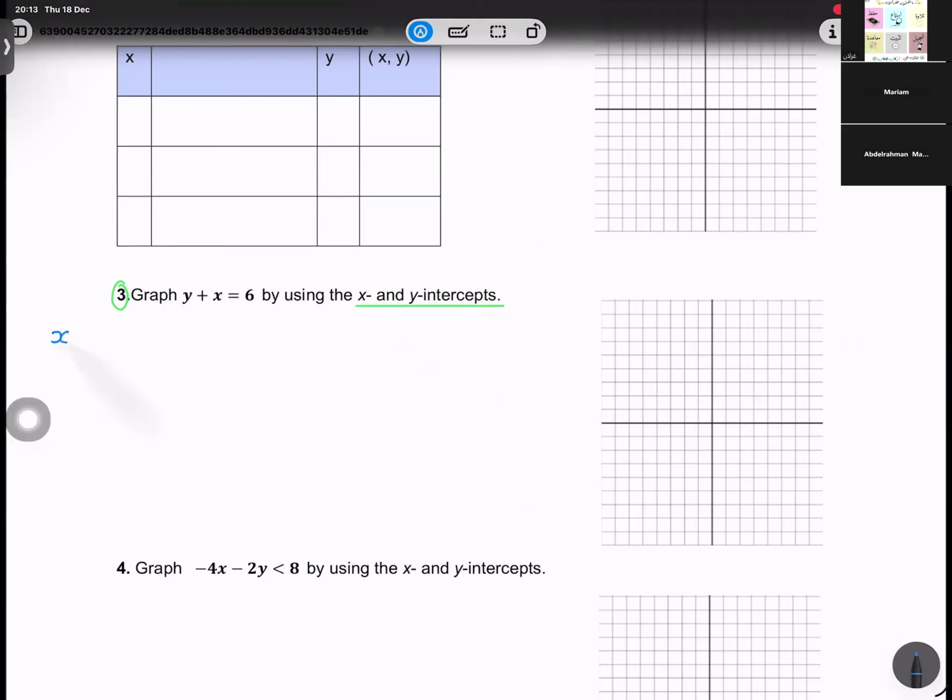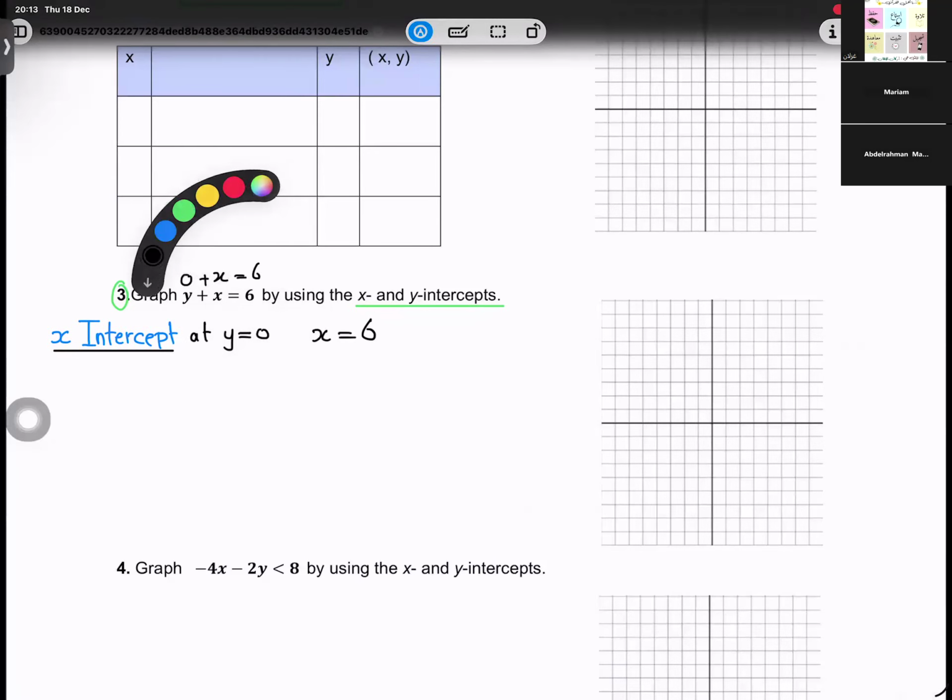Tell me what the x-intercept is here. The x-intercept is 6. Proof: at y equals 0, which means x equals 6, because we replace y by 0, so x equals 6.